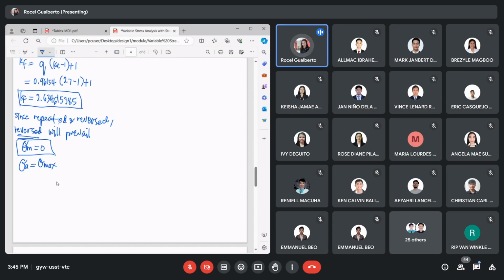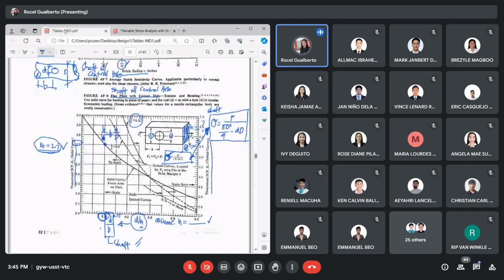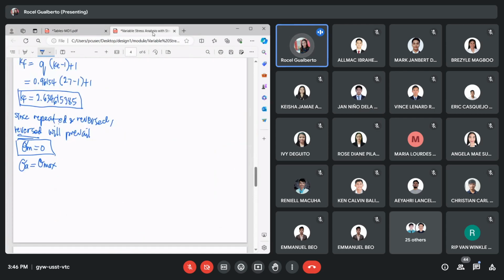Ngayon, ano po yung equation ng sigma maximum? Babalikan mo po yung figure AFA. Yan po ang kukunin mo, yung equation niya. Na-modify na po natin yan para sa shaft. Ito na po siya: force over pi d squared over 4 minus d times d.